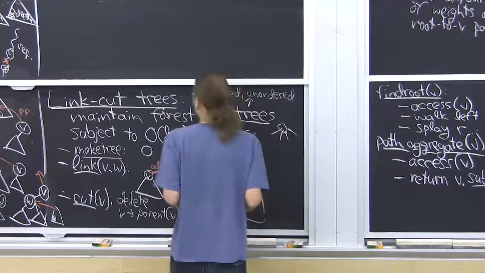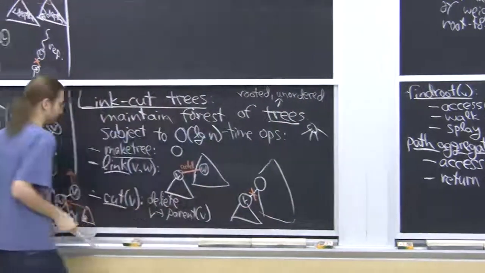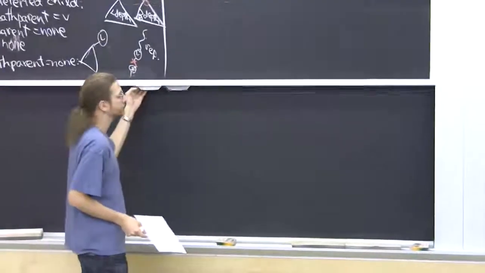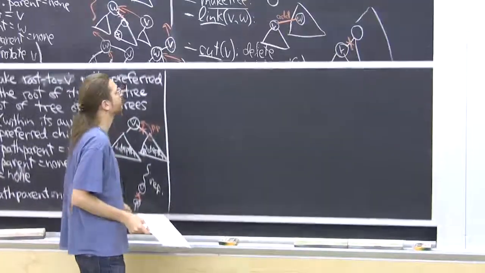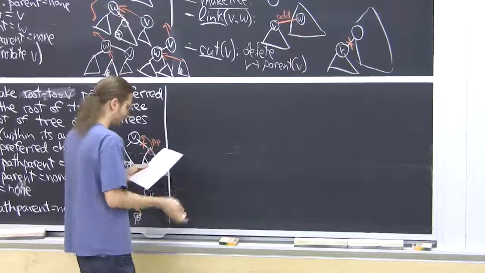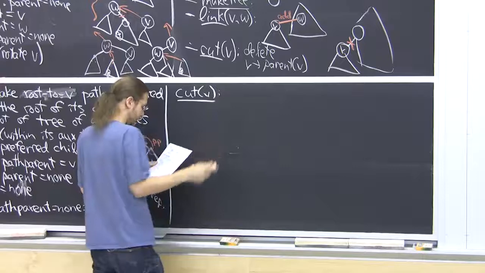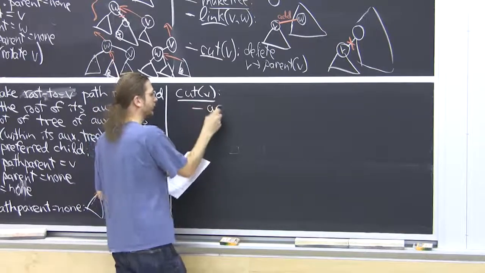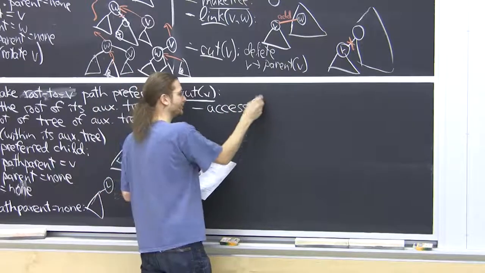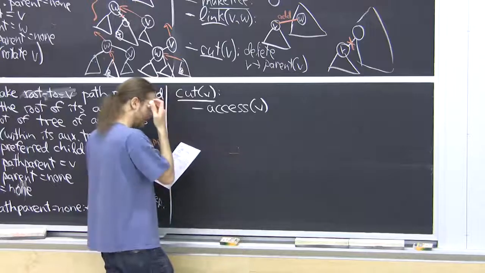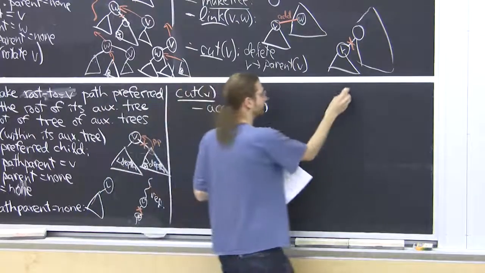Okay, I claim also link and cut are really easy. So let me show you that. So let's start with cut. First thing we do, you guessed it, access v. So think about this picture a little bit.